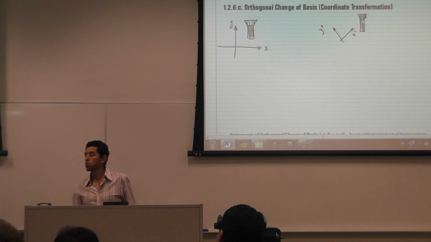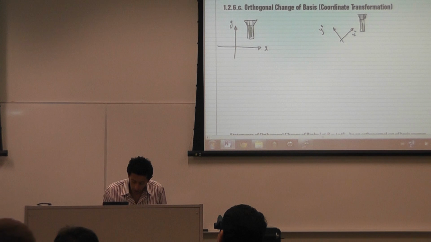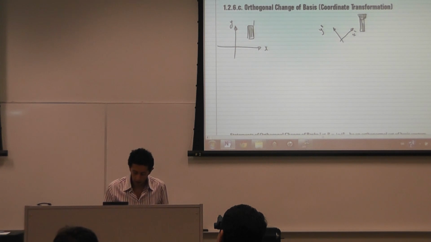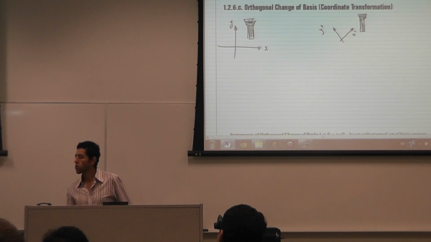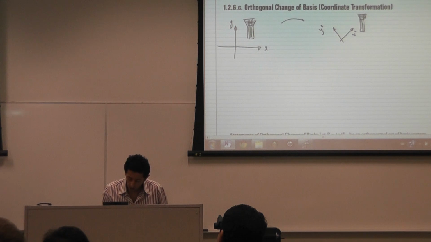I need to be able to translate between the numbers that the person gets in this coordinate system and the numbers that the other person gets in the other coordinate system. I need a translation between the numbers. Because a vector here will have certain values, a vector here will have different values. For example, if this is 1, 1, this vector might be 5, negative 1, for example.